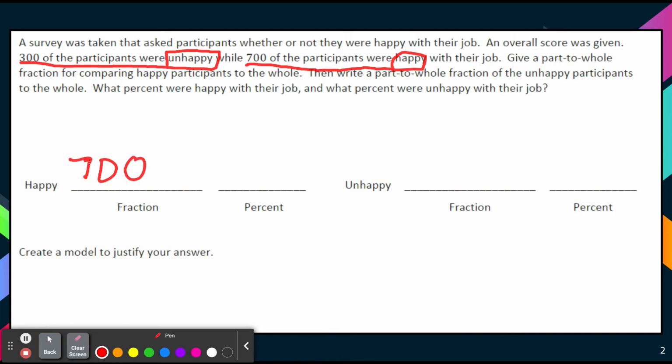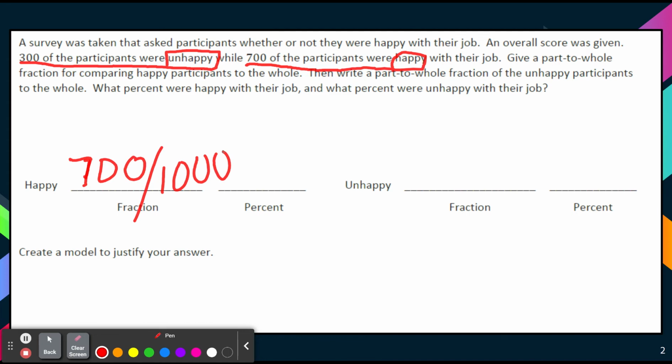That's the first part, but it wants the whole. Is 300 the whole? No, those are the unhappy. So we have to add those two together to get the whole. 300 plus 700 is 1,000. So this is 700 out of 1,000.